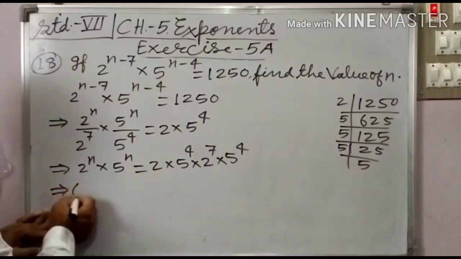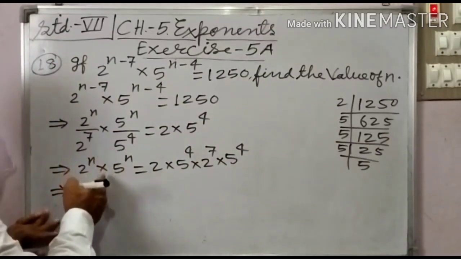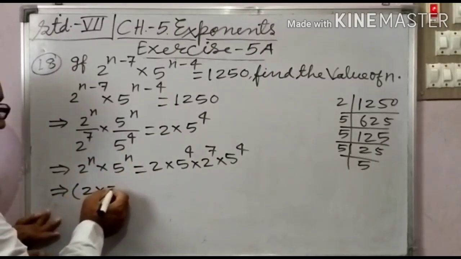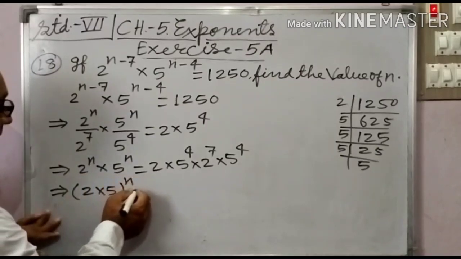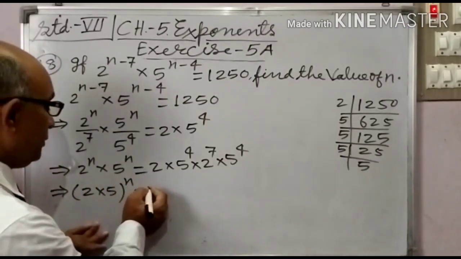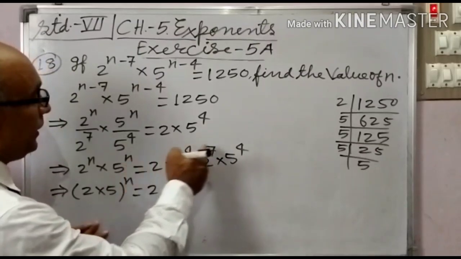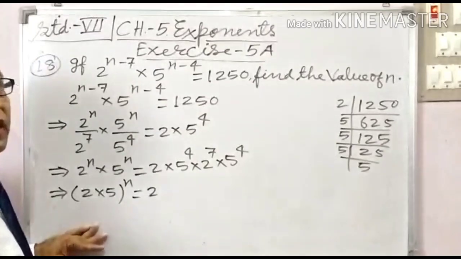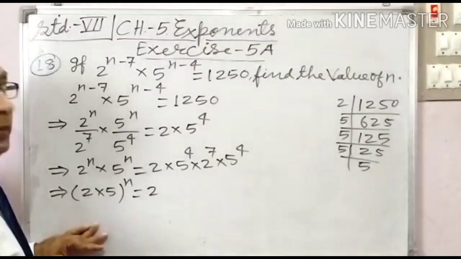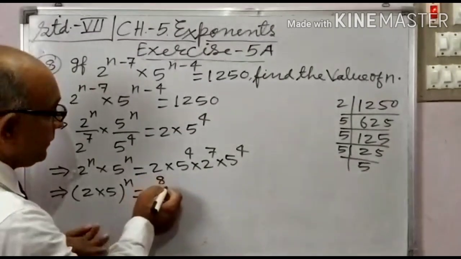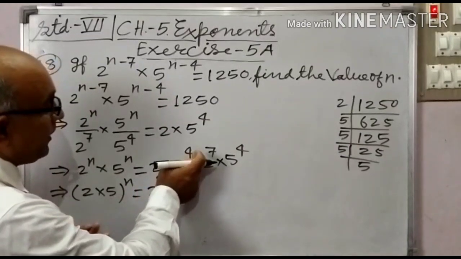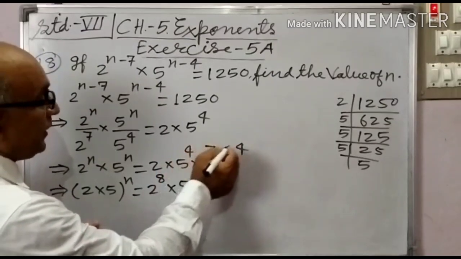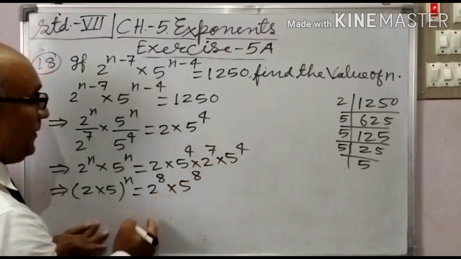That implies a to the power m into b to the power m equal to a into b to the power m. 2 into 5 to the power n equal to 2 to the power 1 into 2 to the power 7. That means 2 to the power 1 plus 7 equal to 2 to the power 8 into 5 to the power 4 into 5 to the power 4. That means 5 to the power 4 plus 4 equal to 5 to the power 8.